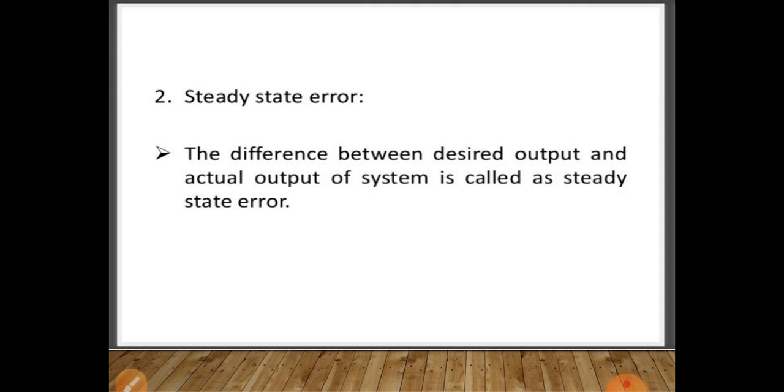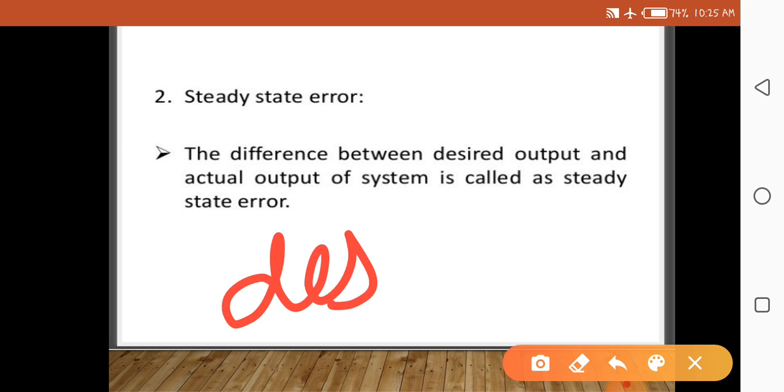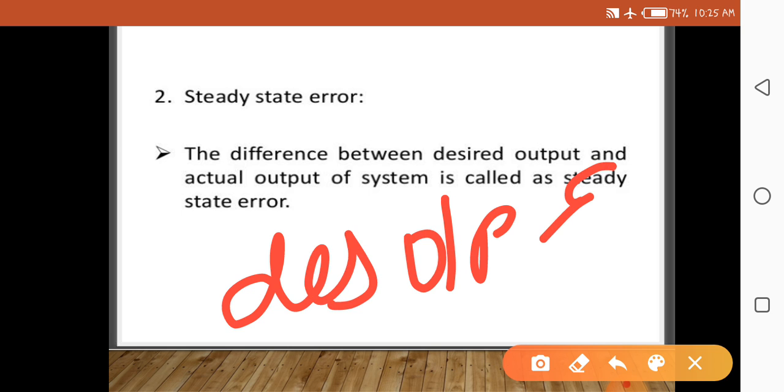The difference between the desired output and the actual output of the system is known as the steady state error.